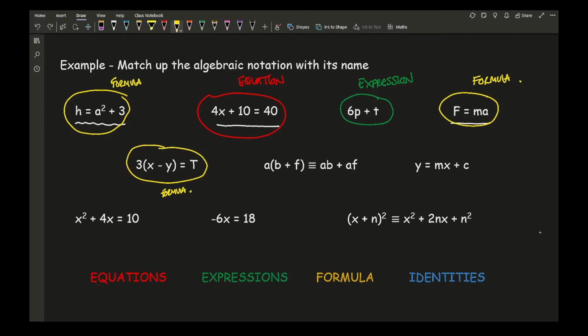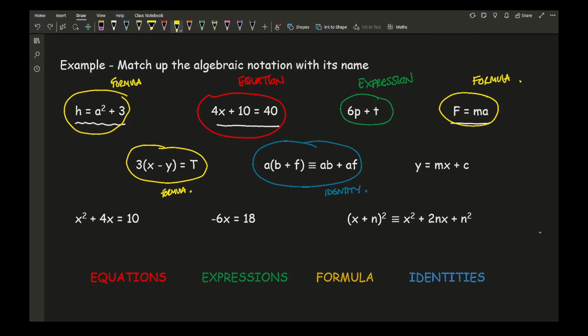Then for this next one, you can see the biggest thing that stands out is this triple bar. So without going into further explanation, that's going to be an identity. And then moving on to the next one.